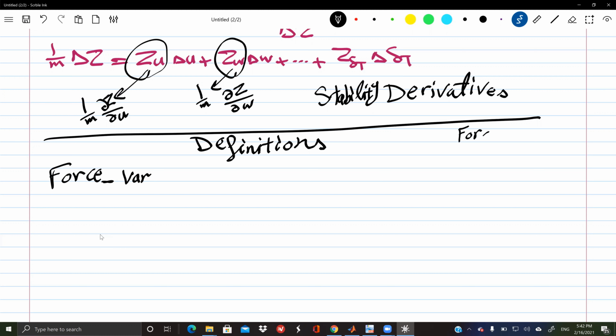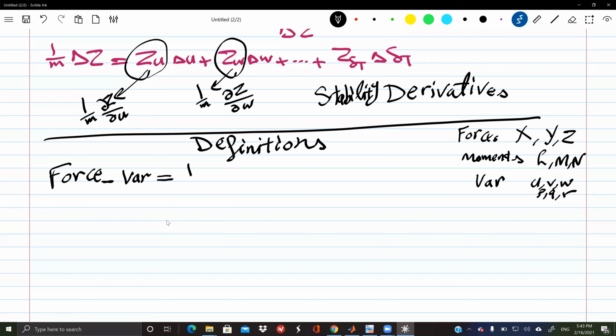So maybe here forces are just X, Y, Z, moments are L, M, N, and the variables are U, V, W and P, Q, R, right? So any force underscore variable is like ZU or ZW, right? This is 1 over mass partial force partial variable.